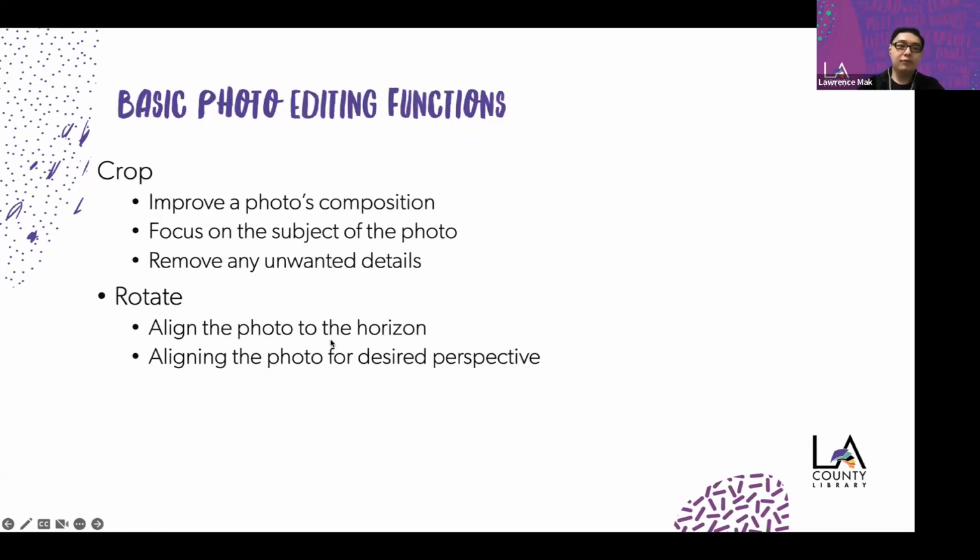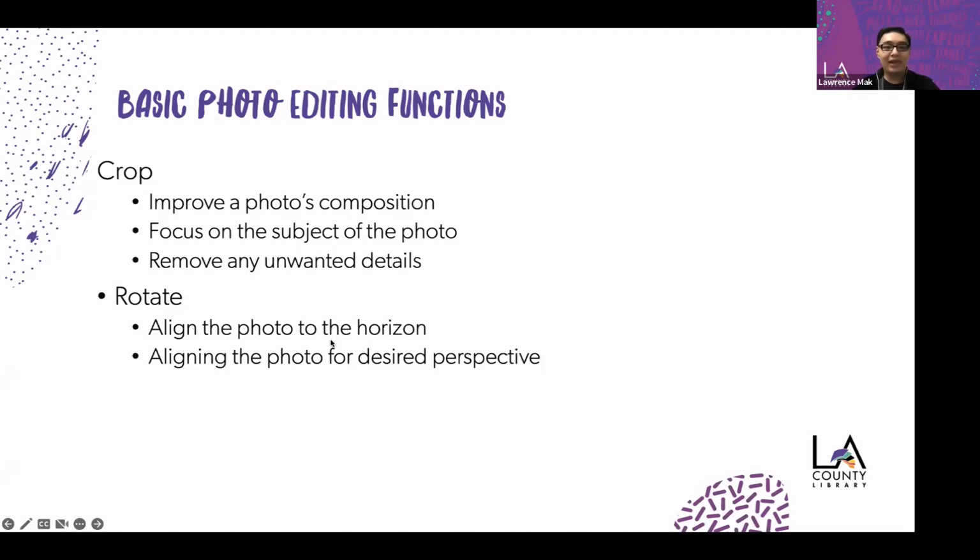Okay, so for basic photo editing functions, we're going to start off with crop and rotate. So these are two of the most basic yet essential photo editing functions, which can help naturally enhance a photo without layering on any effects. Crop is an essential tool for focusing on the intended subjects of a photo and for removing any unwanted details, as we'll see in just a bit.